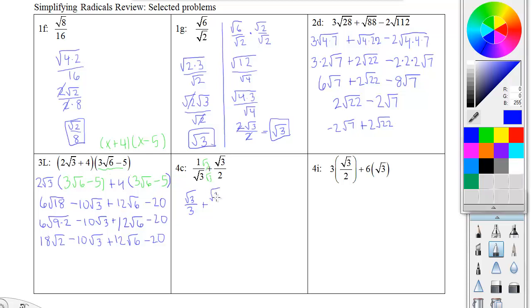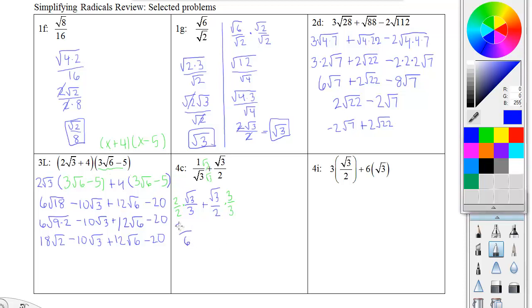So now we have the fraction root 3 over 3 plus root 3 over 2. It's just two fractions, they need a common denominator. Multiply this one, top and bottom, by 2, and this one, top and bottom, by 3 to create two new fractions whose denominator is 6.